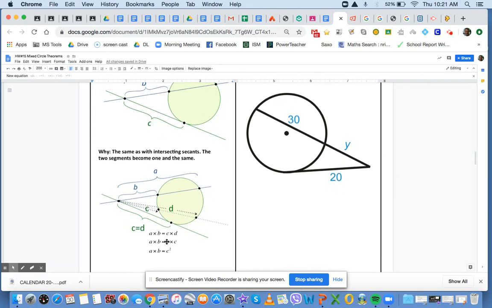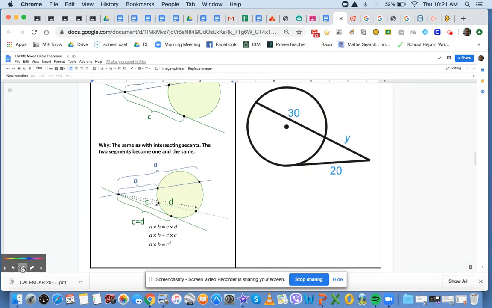So let's go ahead, and I've given you a question here that's going to bring you back to some memories of previous units. So we've got y times that whole length, which is y plus 30. Oh, you can see right now this is going to be a quadratic.